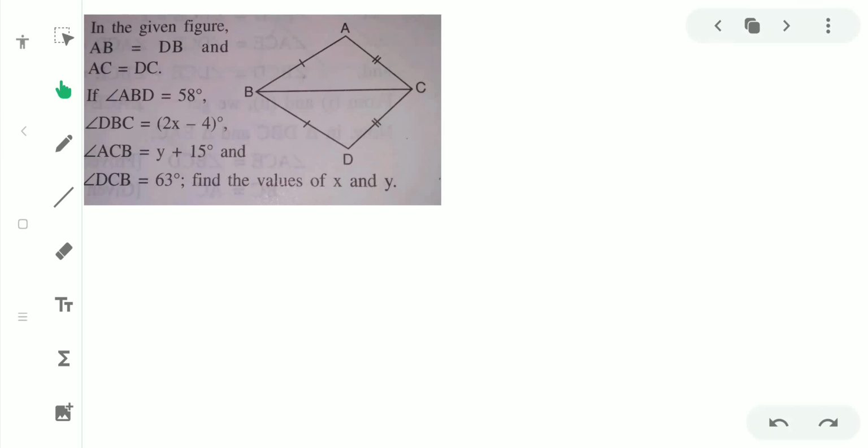Now we have an x term and y term in angle DBC and angle ACB. Now let us think what is the value of x and y. So that is what they asked to find. Find the values of x and y.